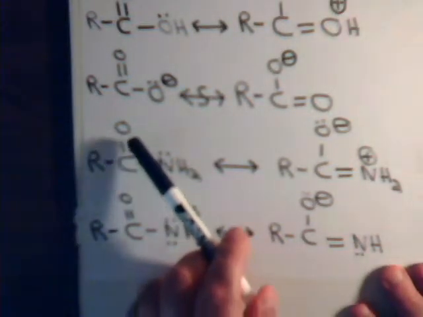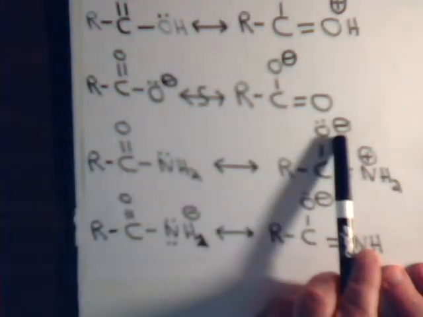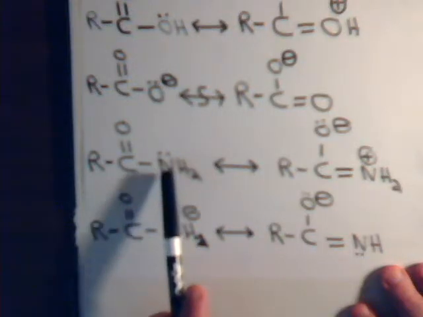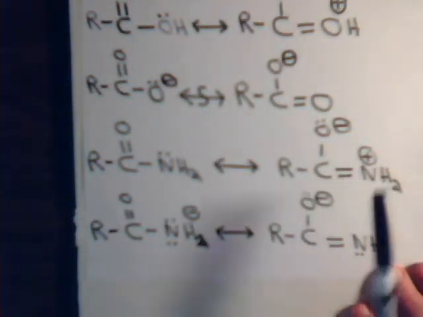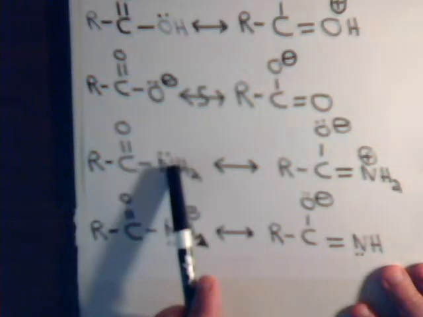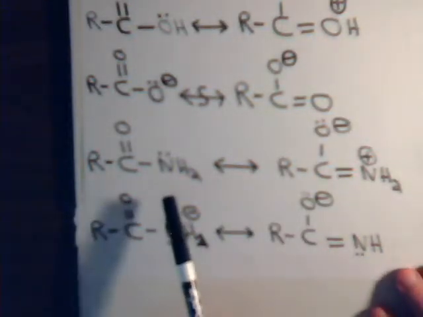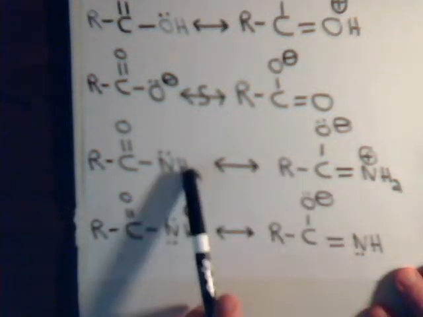We can imagine the oxygen taking both pi electrons, giving it a negative charge, and then these lone pair of pi electrons being shared between the carbon and the nitrogen to form that pi double bond. But the nitrogen has a positive charge because it donated both electrons to form that bond. So here, if we look at this, again, we have a resonance stabilization of the amide. And we'll talk about this in more detail in a few moments.